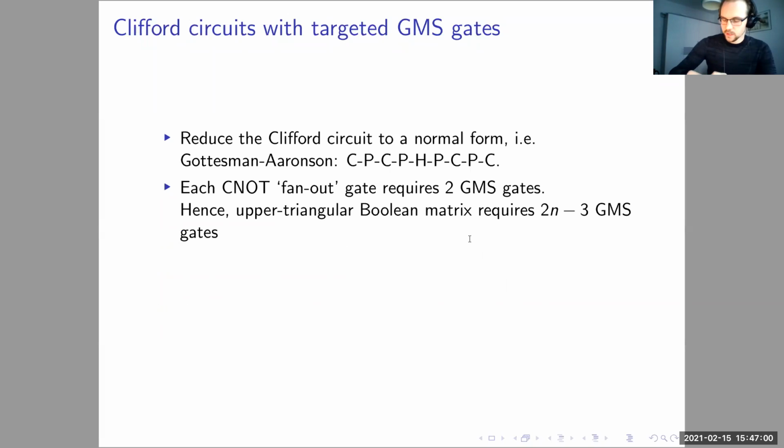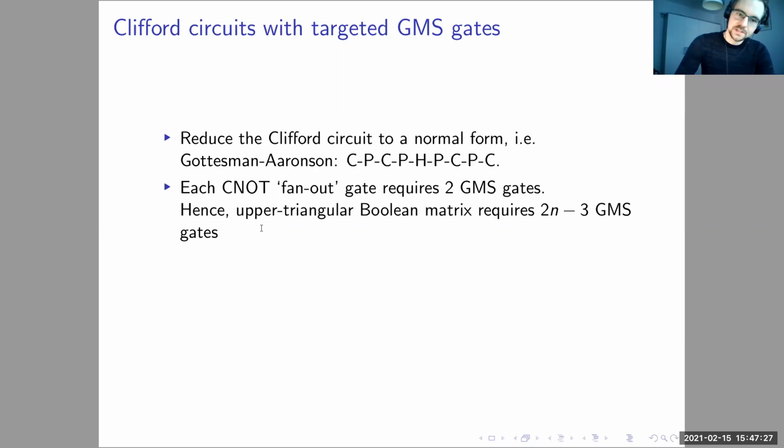This was actually already described in this earlier paper. I really should have cited it here, but it's cited at the end. See it there. The way that works is we write the Clifford circuit in some normal form. The other paper used the Gottesman-Aronson normal form. So this is CNOT gates, S gates, CNOT gates, S gates, Hadamard gates, S gates, CNOT gates, S gates, and CNOT gates.